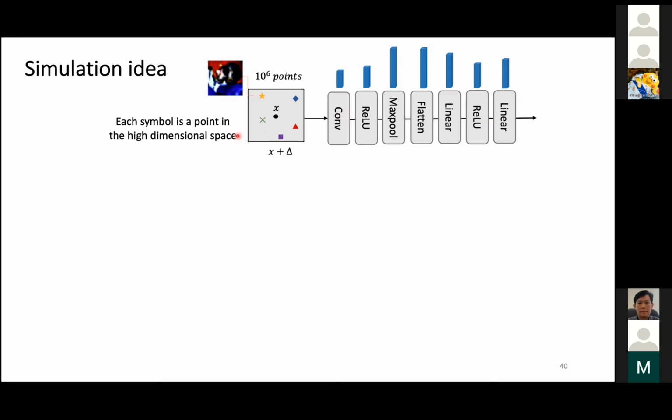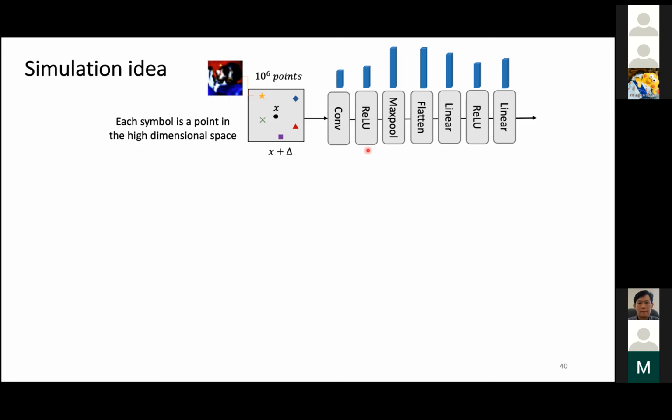So here we use Monte Carlo simulation to sample enough points to simulate this square polytope. We use 100,000 points to simulate it, and note that each point in the polytope is an image. So it means we feed 100,000 images to this network.